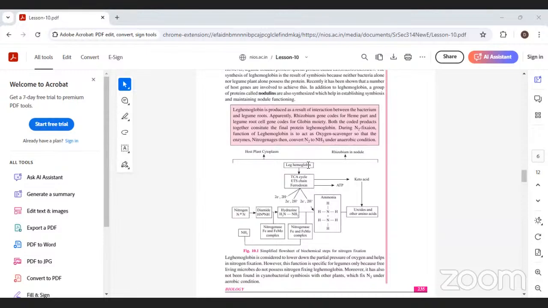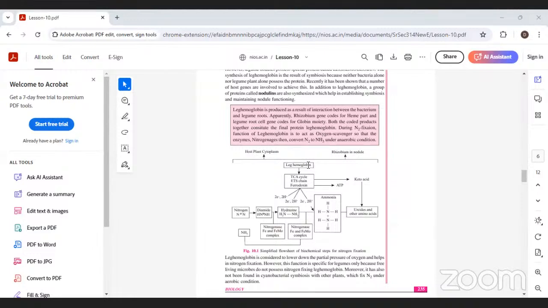These three produce the electrons and protons: 8 electrons and 8 protons to form the ATPs.